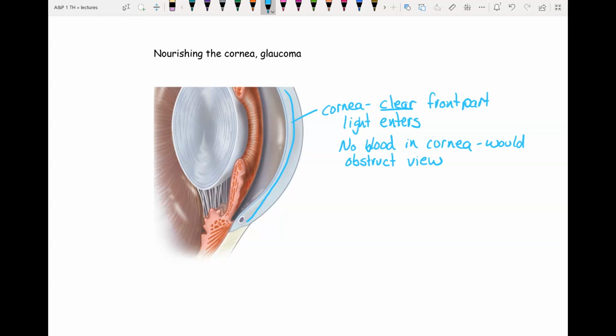But the cornea does have living cells that need to be nourished. So since we can't have blood go to it, we have to have another fluid that nourishes it, and that is where aqueous humor comes in.